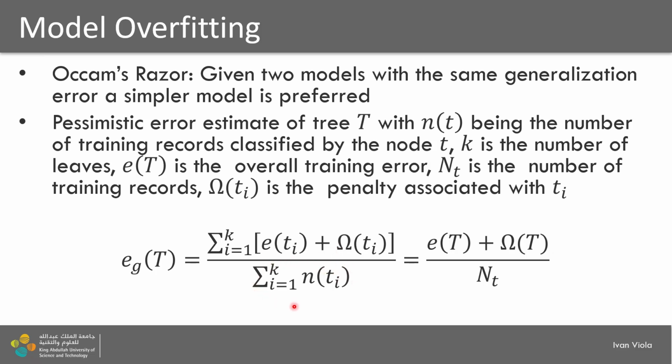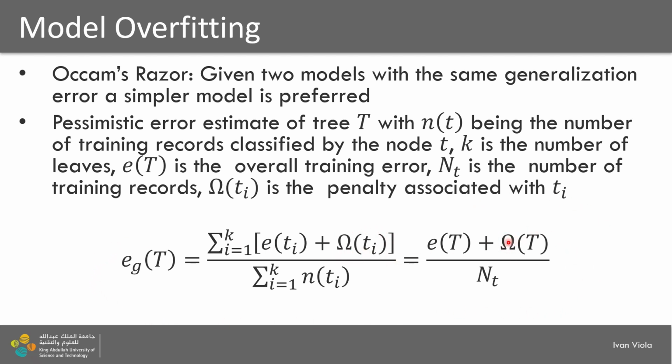Then we divide it by the total number of children of this current node over all the classes which these leaf children are split into, and this is equal to the overall error of the tree plus the model complexity penalty of the tree, divided by the overall number of training records.